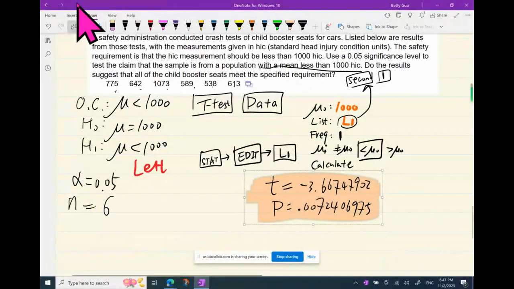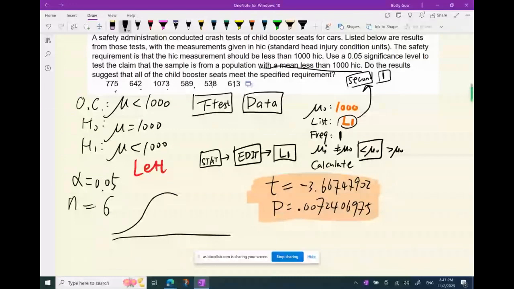We only have 3 minutes, so I'm going to skip this, but I would like you to finish. Okay, it is a left tail test, so our alpha falls here. Alpha is 0.05. You would be able to use the inverse t to find your critical value.